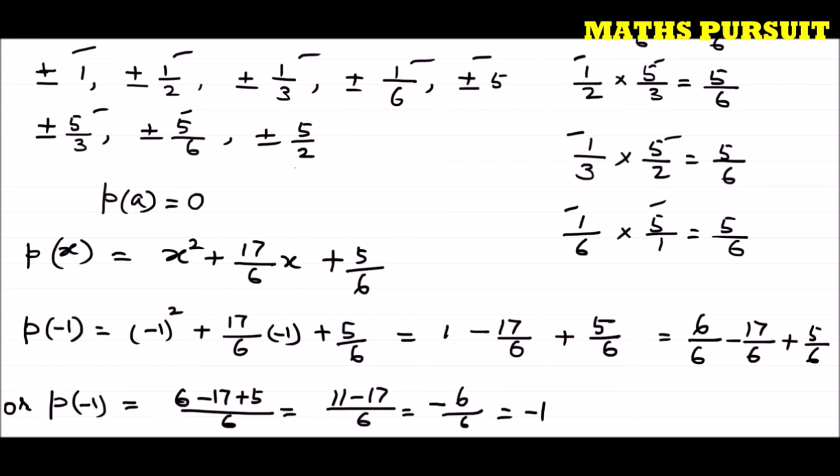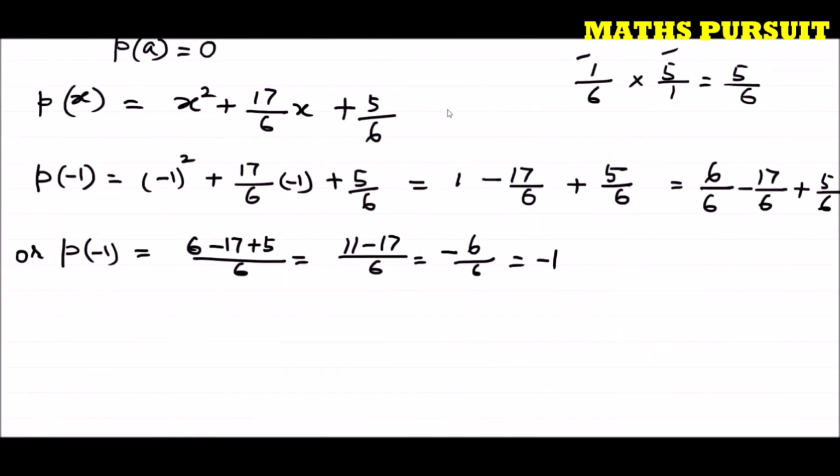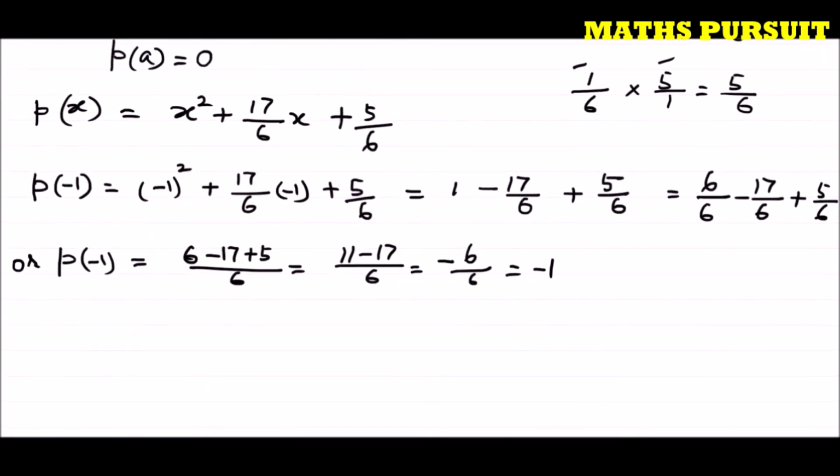So when we took x as minus 1, we got the value of P as minus 1, not 0. That means x plus 1 is not a factor. Why x plus 1? Because x plus 1 is equal to 0 gives x equal to minus 1, so for that reason we considered x as minus 1.